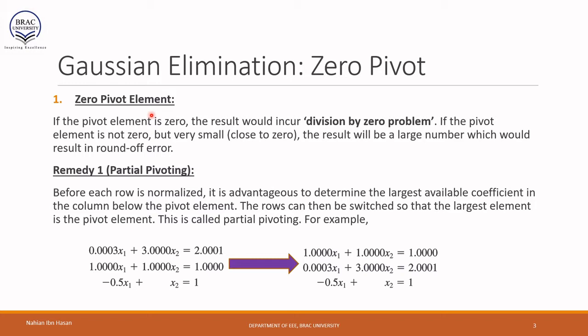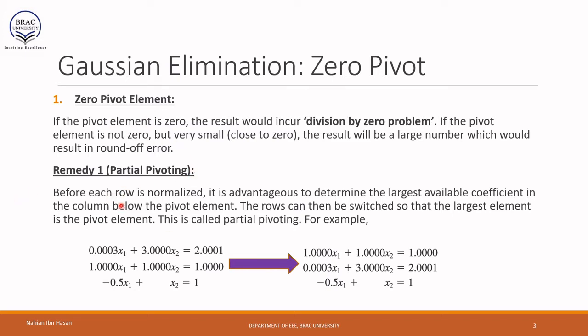But if the pivot coefficient is very small, say for example 0.000001, then dividing by that value we will have a large number, and it might happen that the numerical values will not be able to be stored in the computer memory, and in that case we will have round-off errors or truncation errors. So that's why we need a remedy for the zero pivot element or small pivot element.